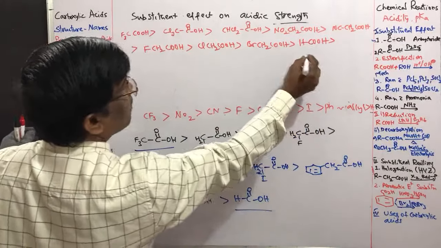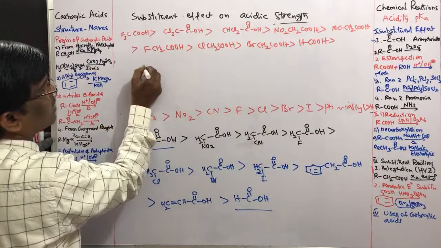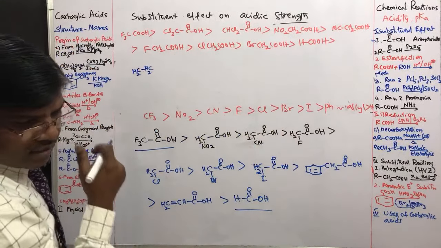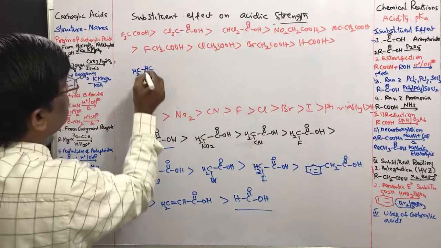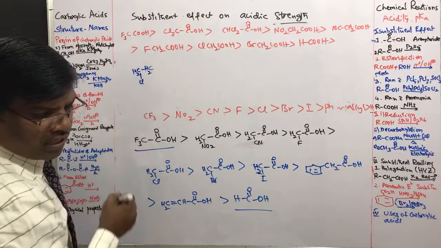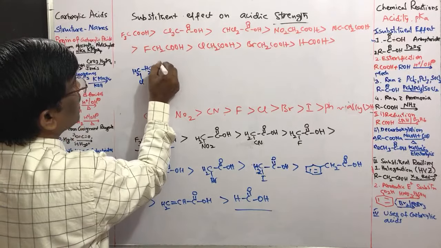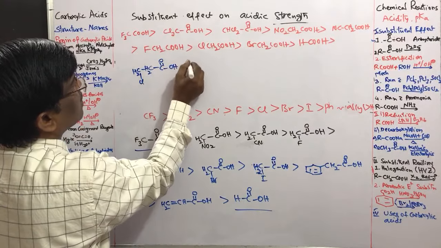Your idea, where CH2 then CH2, it is substituted at the beta carbon. If it is substituted at the beta carbon, chloroacetic acid, right?